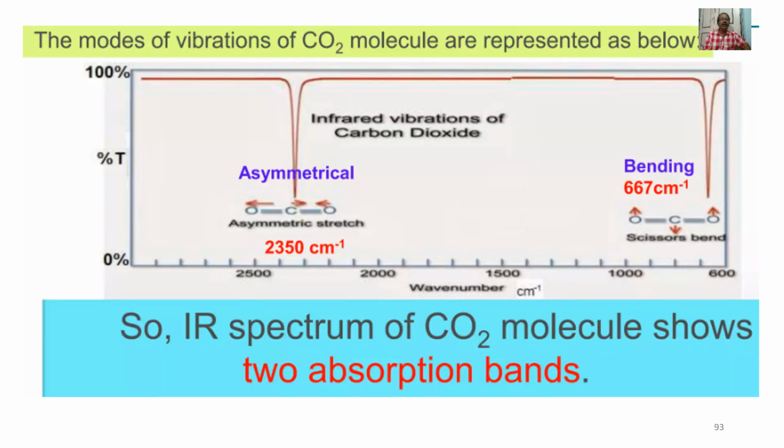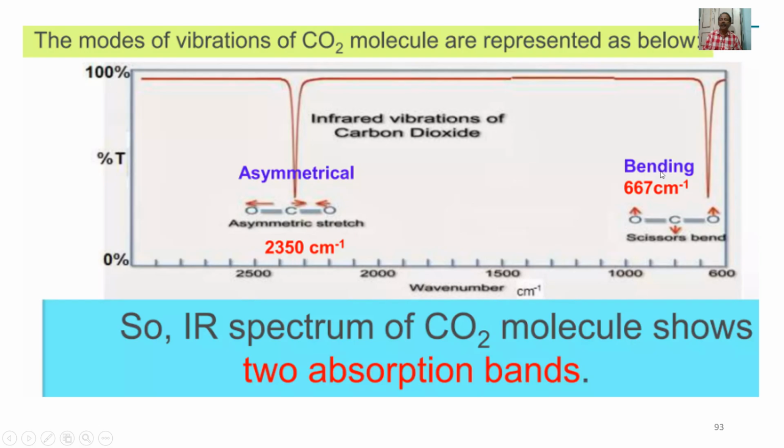And here is the figure for the infrared vibration spectra: transmission versus wave number. As we discussed, the symmetrical stretching will be IR inactive, and asymmetrical stretching is shown here, which has the absorption band at 2350 per centimeter.